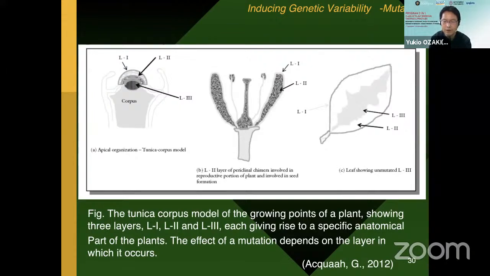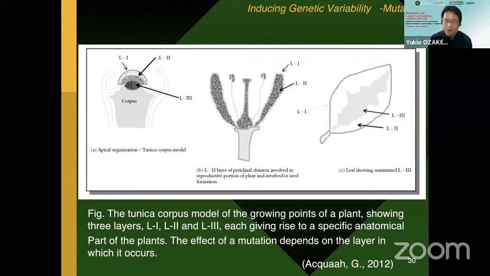Mutations, being one-celled events, result in part of the cell layers exhibiting chimeras. A periclinal chimera is one that involves the entire layer, whereas a sectorial chimera involves only part of one layer.